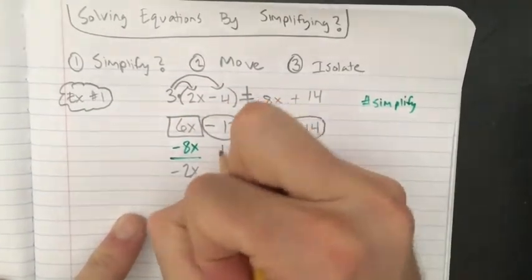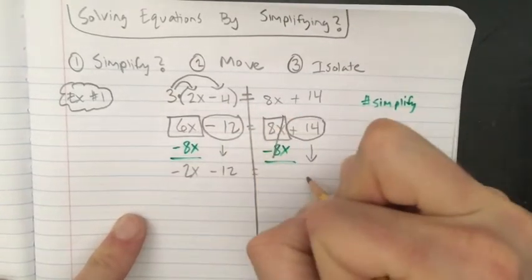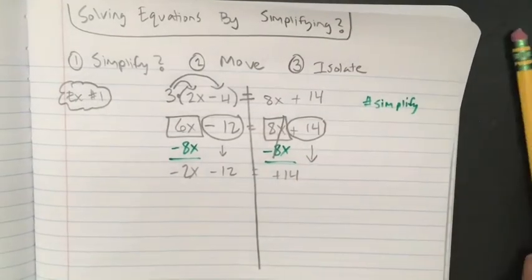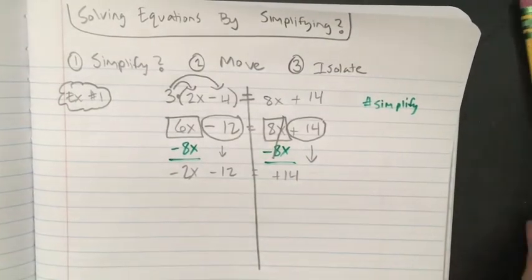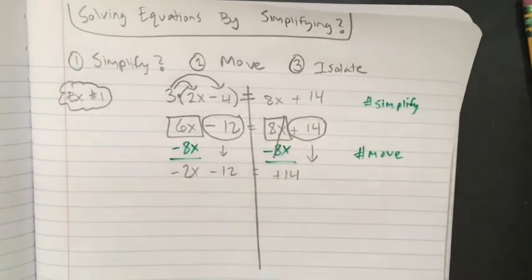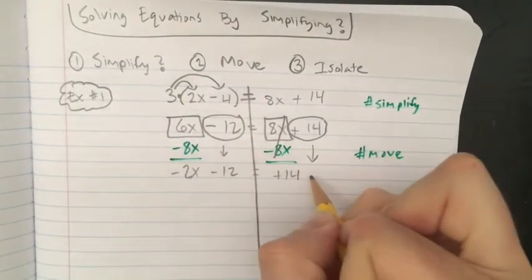And then I'm just going to bring down everything I haven't used yet. So negative 12 equals positive 14. Okay. So in this step, I just moved, and I'm going to keep going. So negative 2x minus 12 equals positive 14.